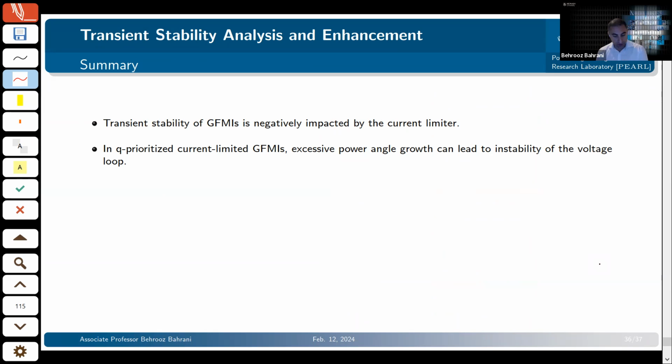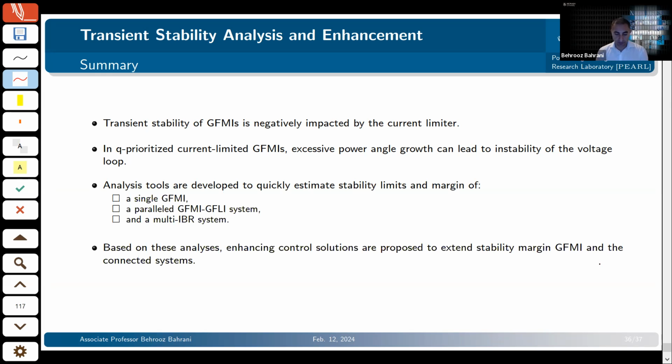And we saw that in a Q prioritized mode, we might have certain stability issues, not because of the EAC, not because of the negative feedback region of your power delta curve, but because of the voltage controller. And we looked into certain tools that you can use to estimate the stability limit and the margin that you've got in a single grid-forming inverter, in a pair, and in a multi-IBR system, which is work in progress for us.